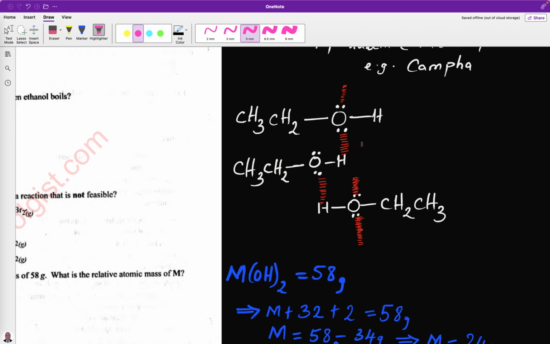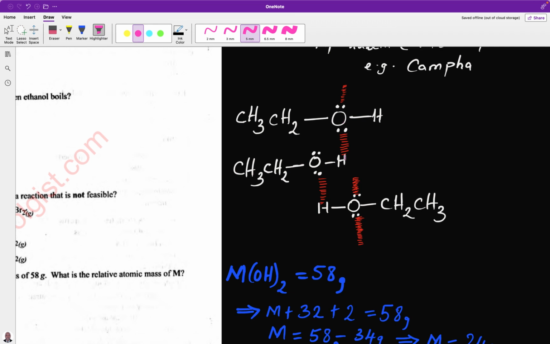So this is what is happening here. This hydrogen, which is attached to a highly electronegative element such as oxygen, is now forming a bond with a lone pair of electrons of another electronegative element, which is the same oxygen.